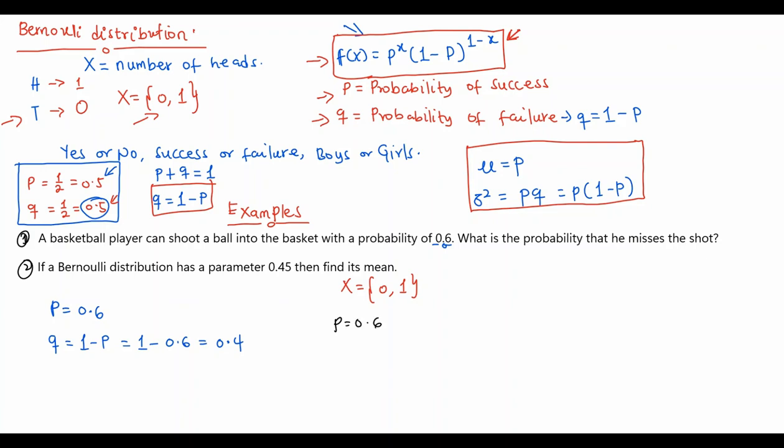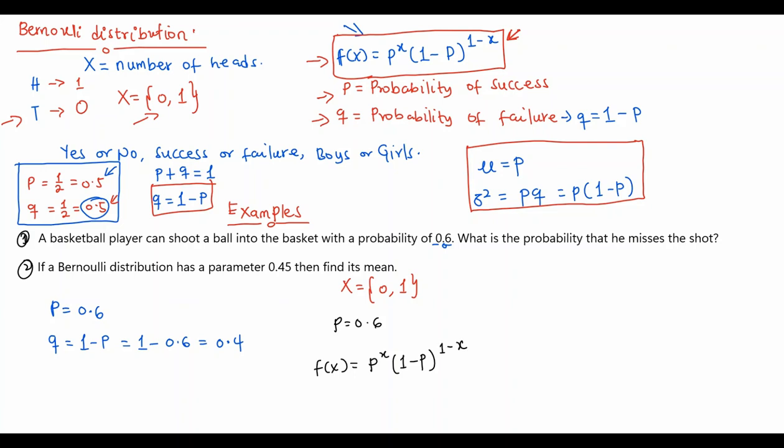The Bernoulli distribution gives us the distribution function f of x equals p to the power x, multiplied by 1 minus p to the power 1 minus x.